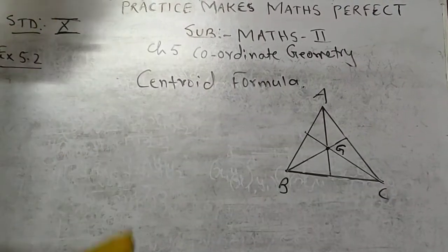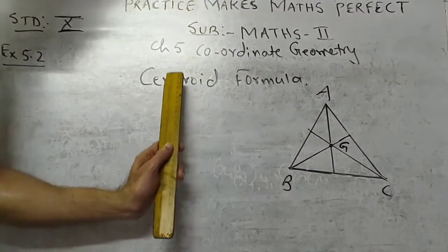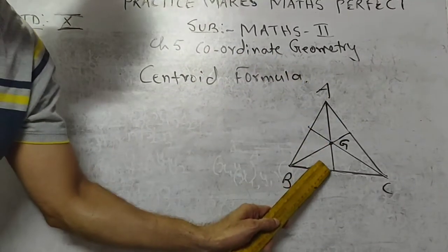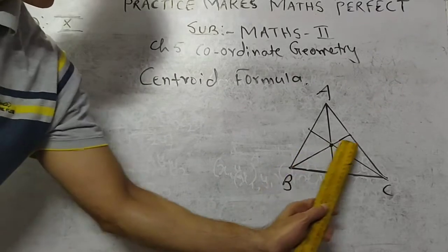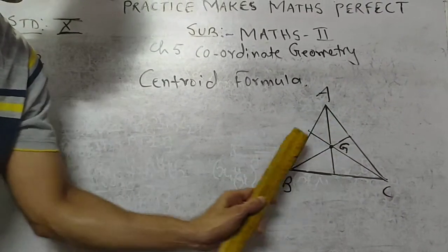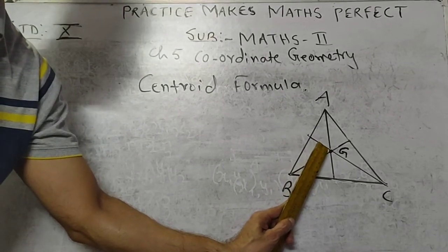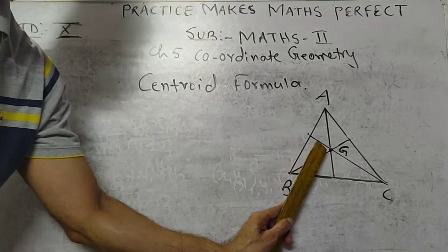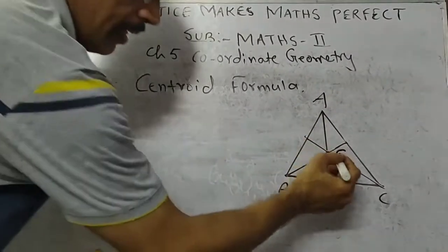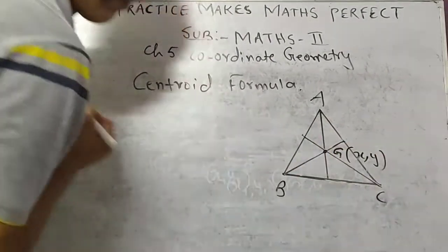Now your third concept is the centroid formula. You know, centroid comes in median. This is your first median, this is your second median, and this is your third median. When all three medians intersect in a single point, that point is called centroid, and it is denoted by G. So coordinate of G will be x comma y.